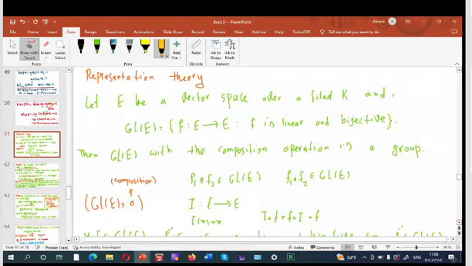Such as F, and this T is from E to F. A linear function such as T from E to F, okay?